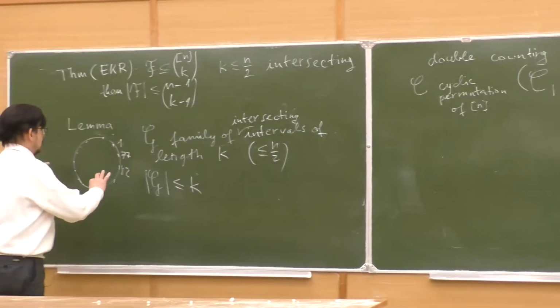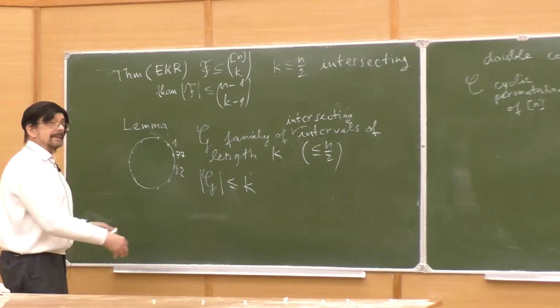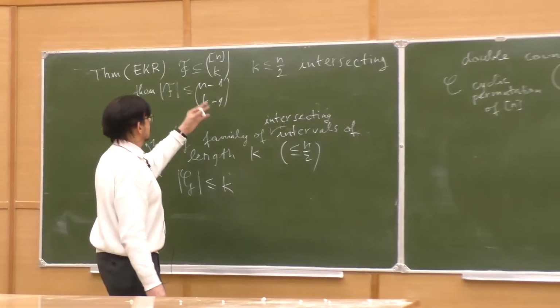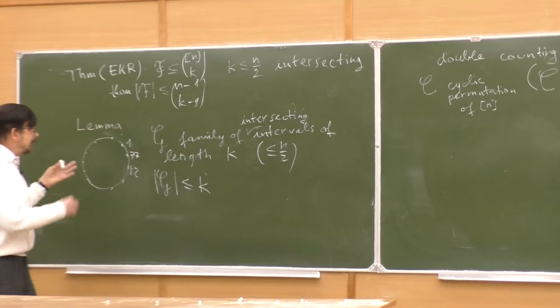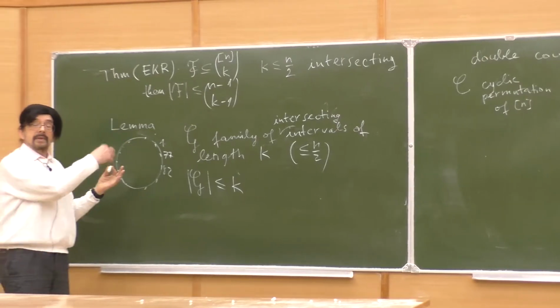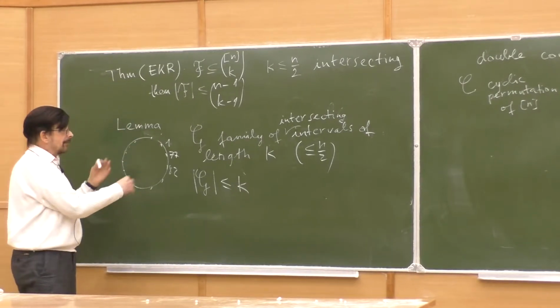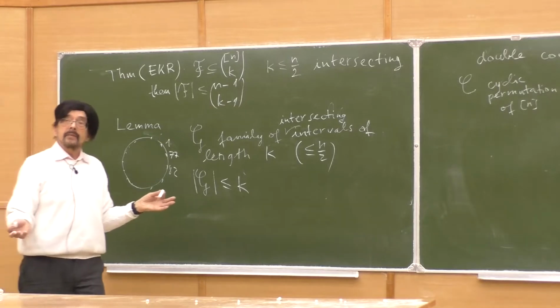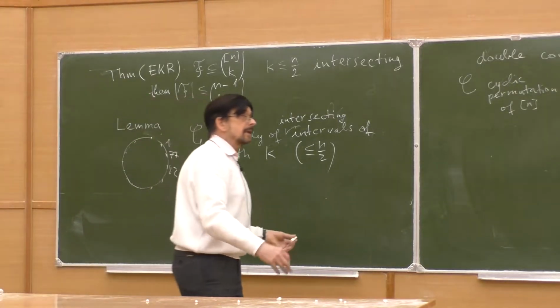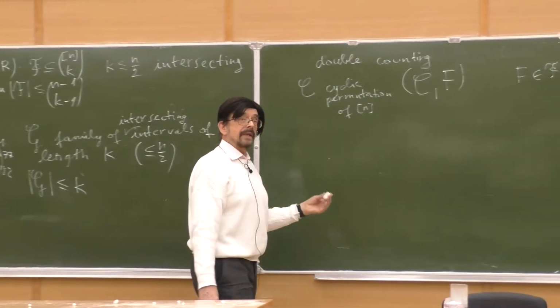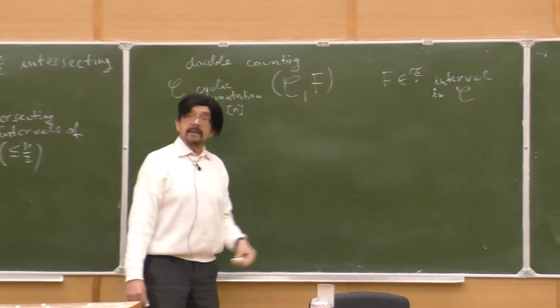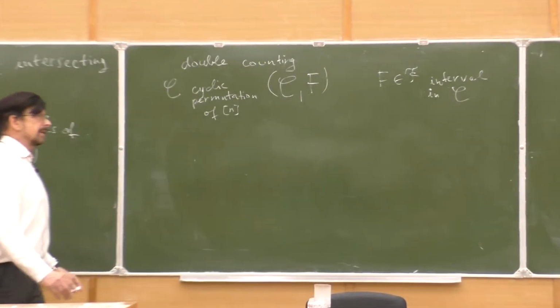So imagine that we mix the elements, the members of F, and some of them become intervals here. Some of them don't. So at this moment, we just consider those which become intervals in this cyclic ordering.